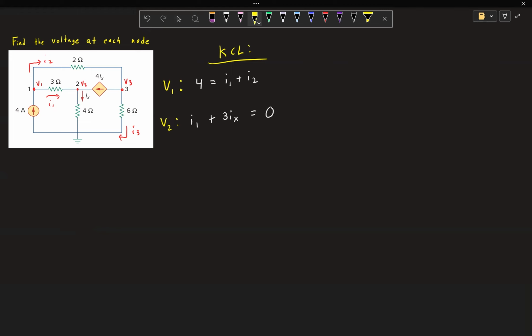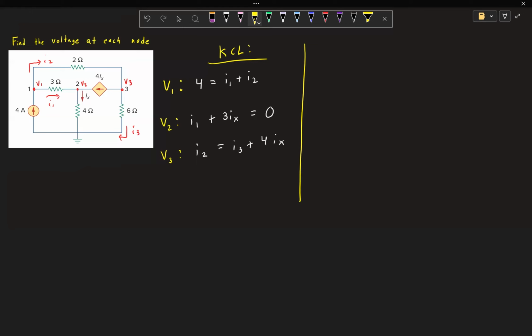So now for V3, we have an I2 going in equals I3 plus 4IX. Now that is all of the KCL.